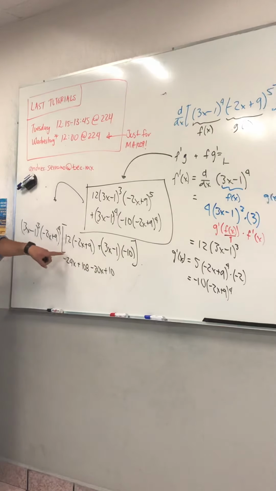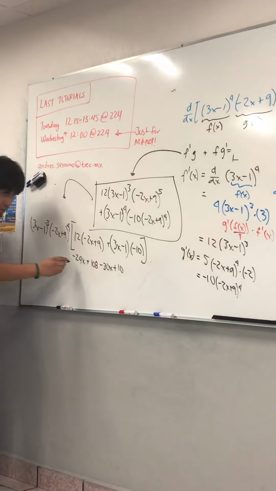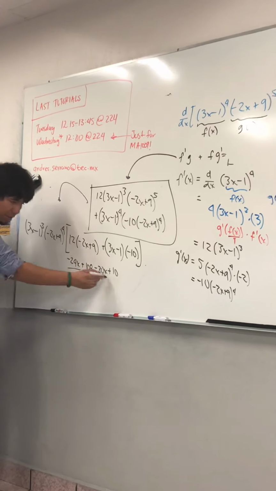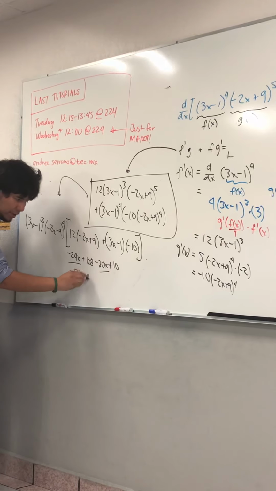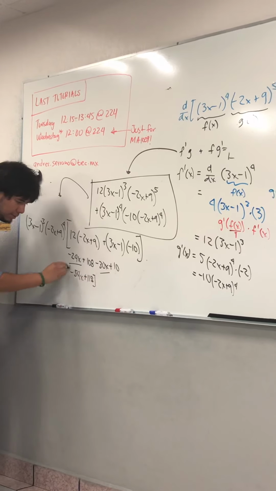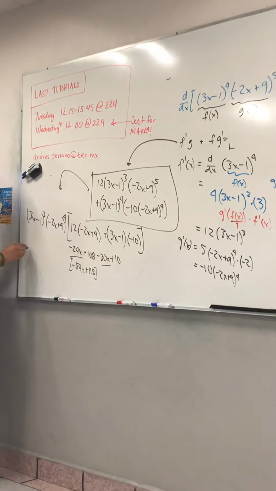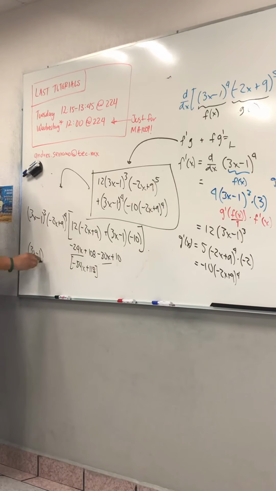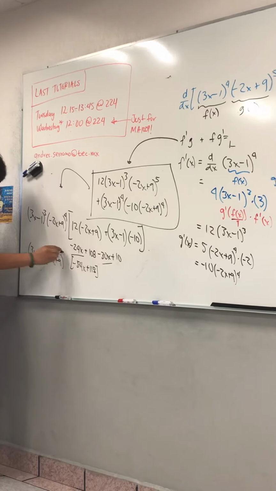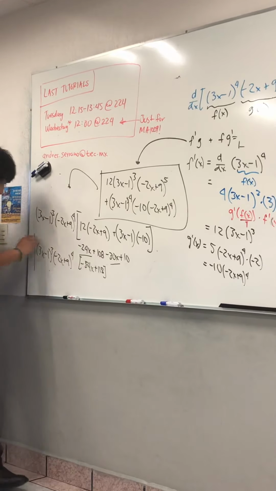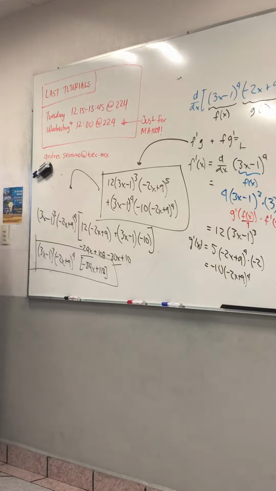This is the inside, right? So I have minus 54x plus 118, right? This times (3x minus 1) to the power 3, (minus 2x plus 9) to the power 4, right?